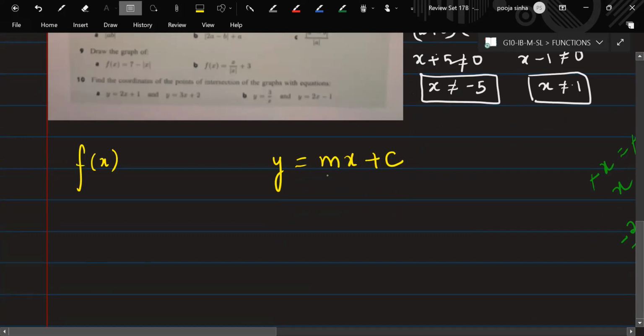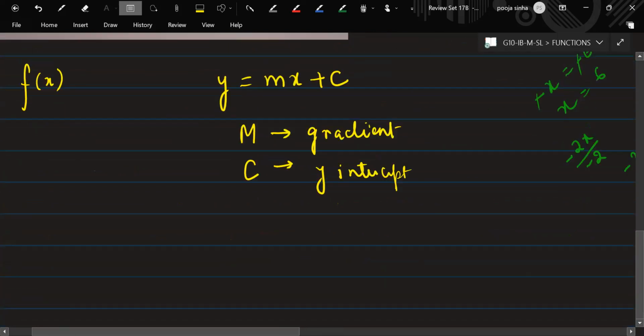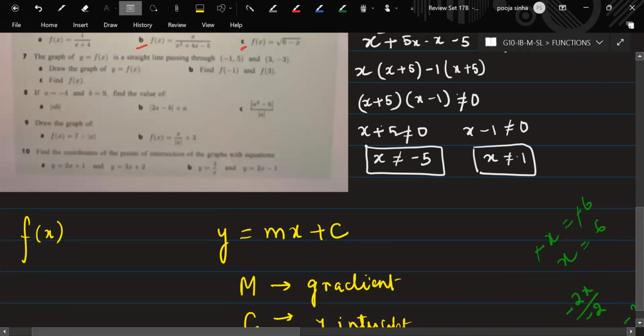What all things do we find when we are doing this? We have to find what is m and what is c. m is the gradient. What is c? c is the y-intercept. So when you graph it, I want you to put it on Desmos.